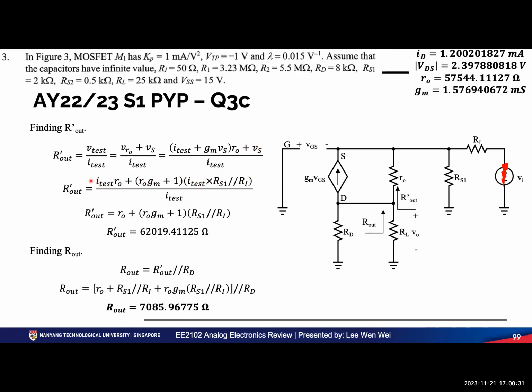The very top part. Here? Third one? I test plus GMVS, not this one? Oh, why? The plus is because of the VS, right? Yeah, because of VS, because it's minus GMVGS, but VGS is negative VS. That's why here becomes plus. Yes. So I got confused on that.